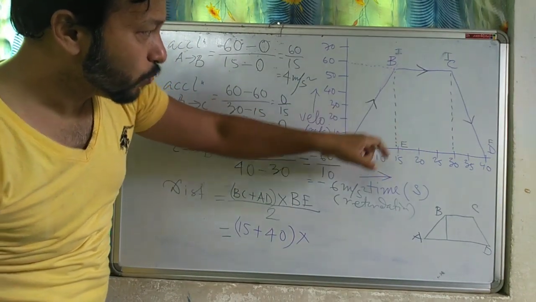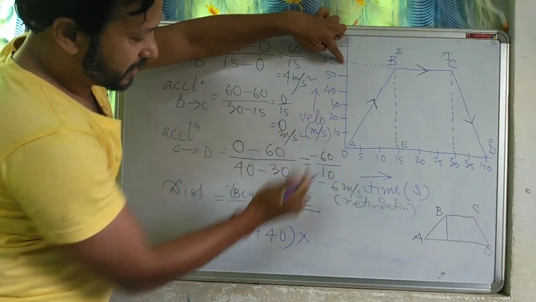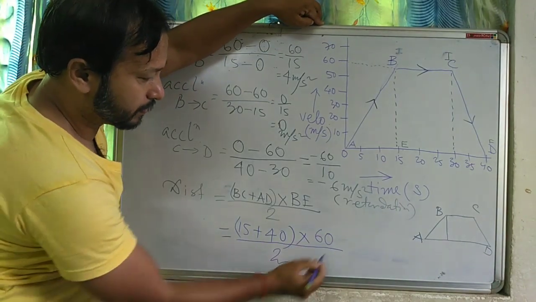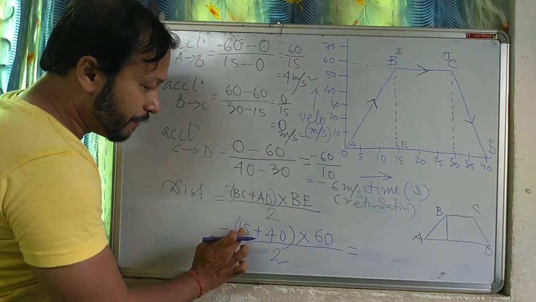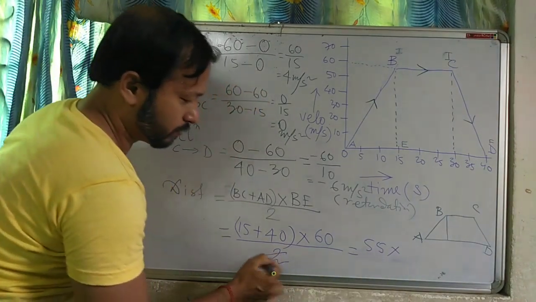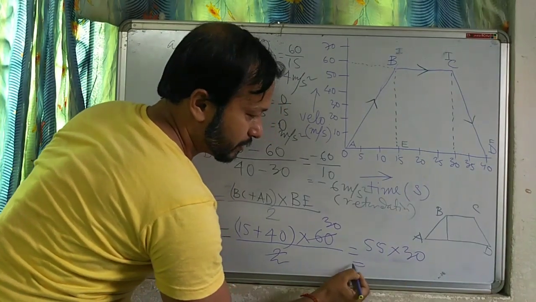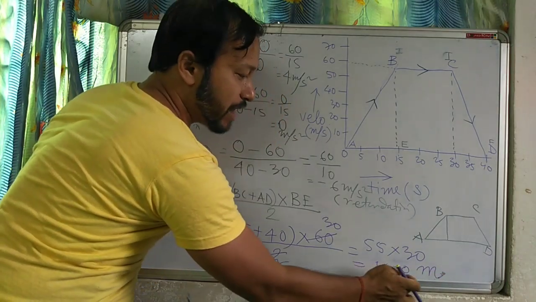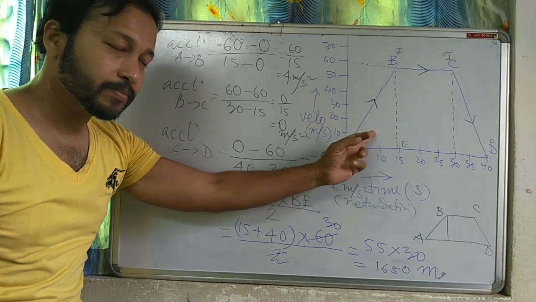What is BE? 0 to 60, that is 60, by 2. I hope you understood this calculation. 15 plus 40, that is 55, into 60 by 2, that is 30. 1650 meters is the distance covered by this object.